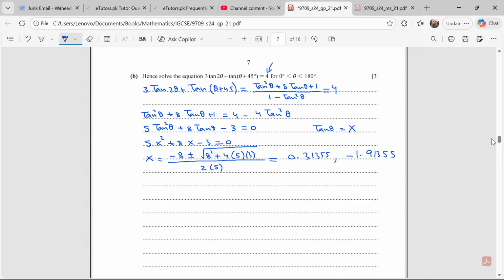Of course this x is equal to tangent theta, so it means tangent theta is equal to 0.31355. So theta is equal to tangent inverse of 0.31355, and this gives me the answer of 17.41 degrees.